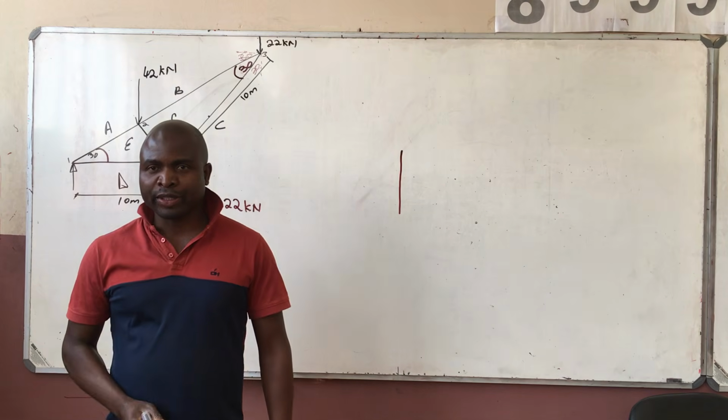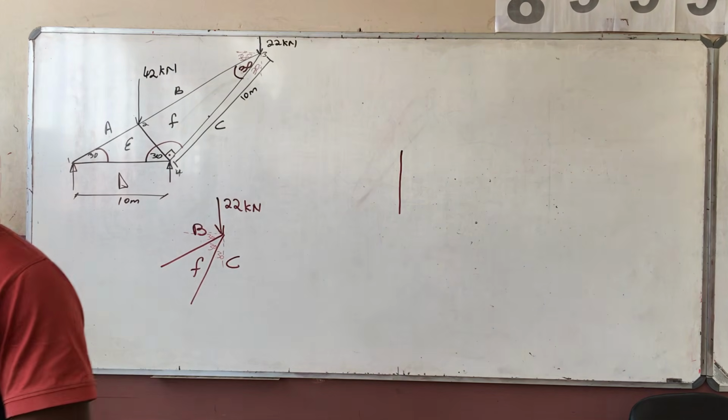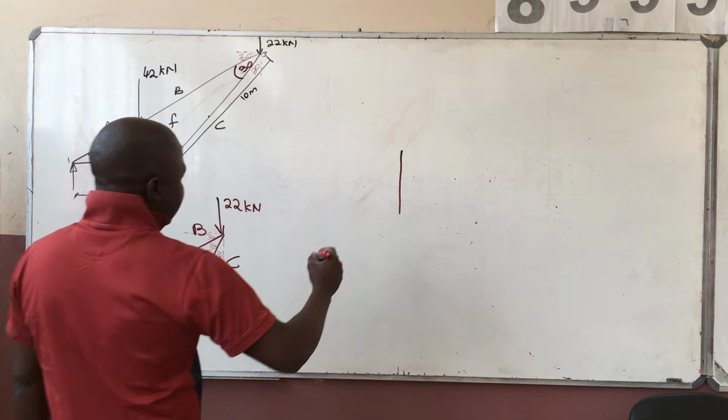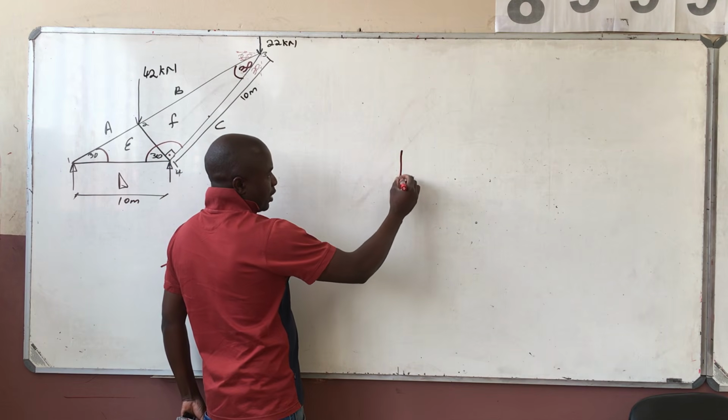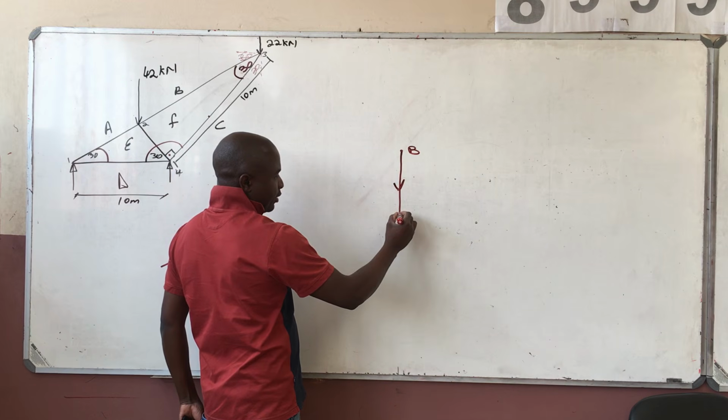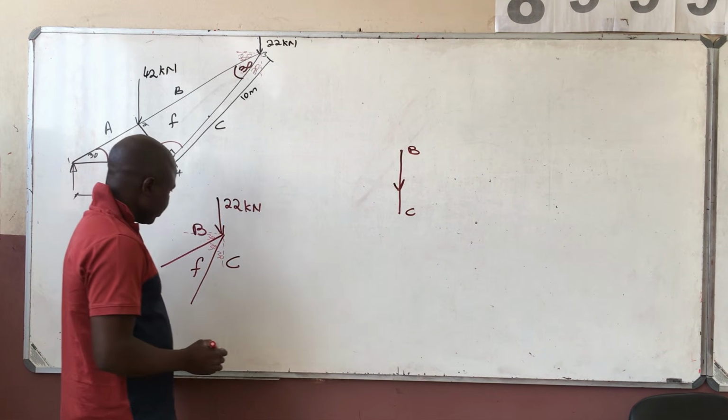If your vector diagram will fit, so calculate your vector diagram before you start drawing. This one has the downwards arrow. What is this point here? B, and this one? C.